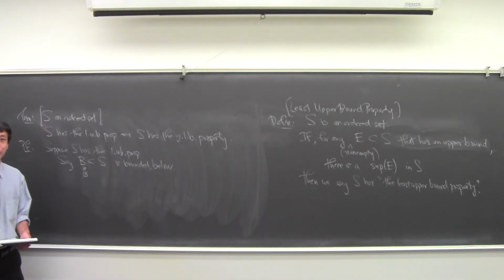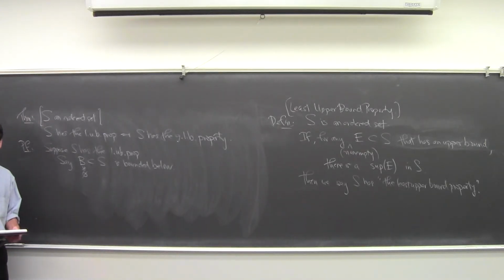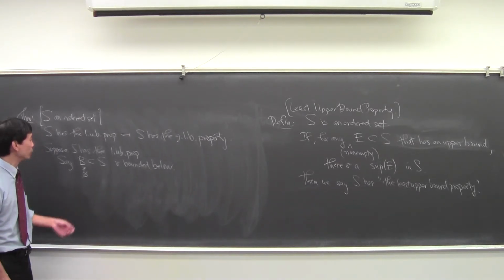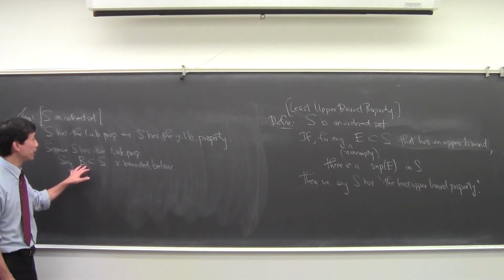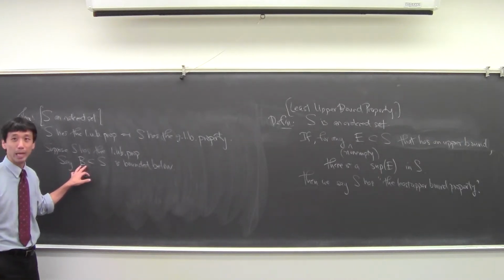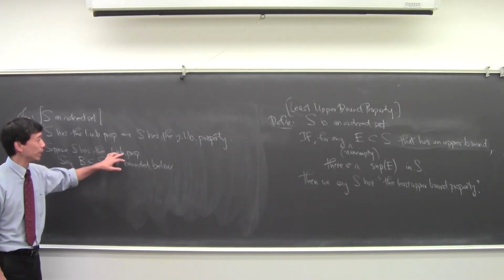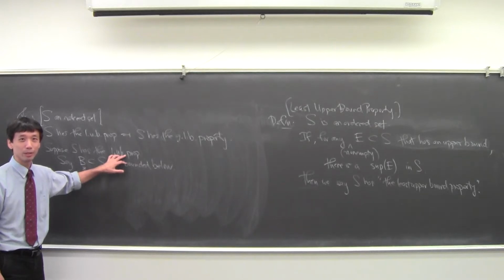Okay, so does anyone remember what you need to do, or can anyone make up what you think we need to do? We're trying to show that this set has a greatest lower bound. We know that any set with an upper bound has a least upper bound, right?